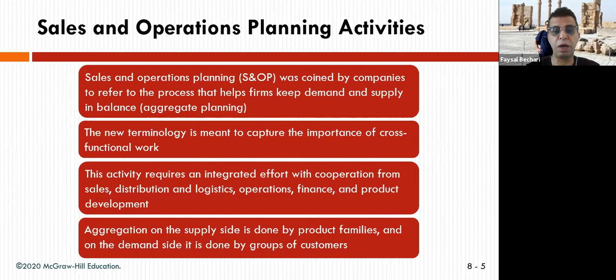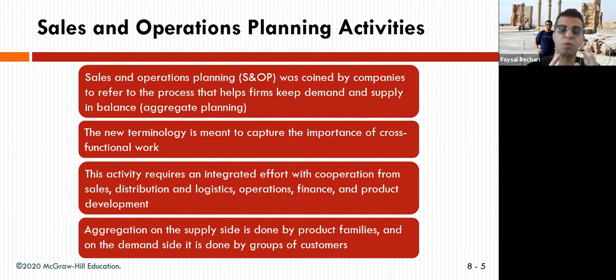Now, when we're talking about sales and operation planning activities, S&OP was coined by companies to refer to the process that helps keep demand and supply in balance, or equilibrium. The more it's at equilibrium, the more you're maximizing your profit and minimizing your costs. The new technology is meant to capture the importance of the cross-functional work.